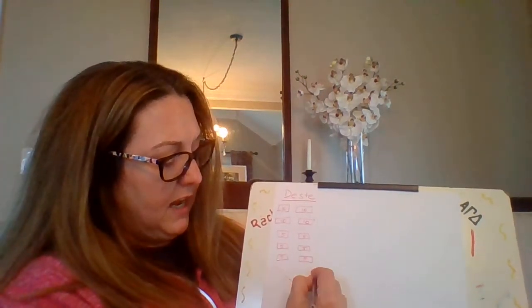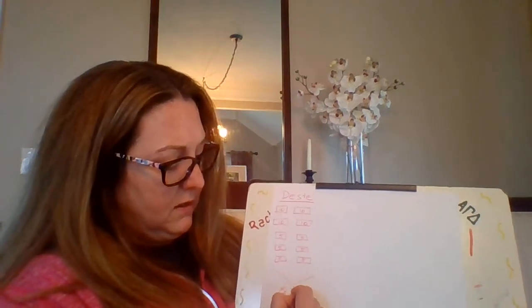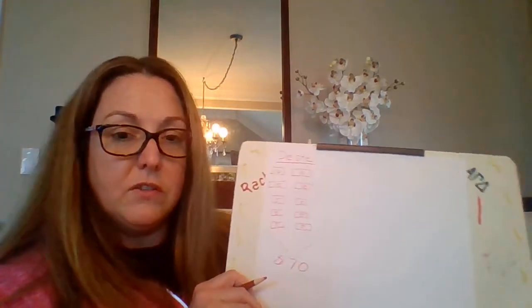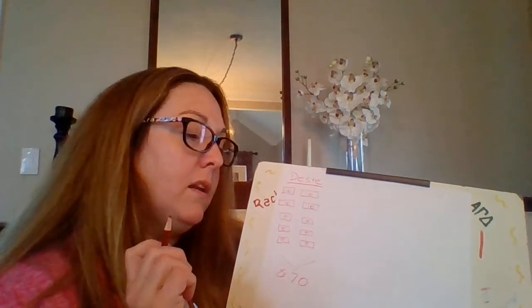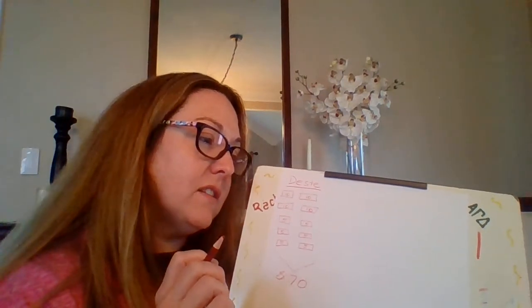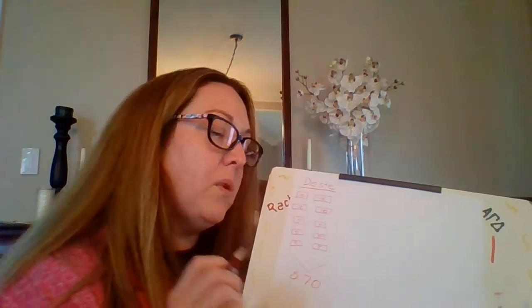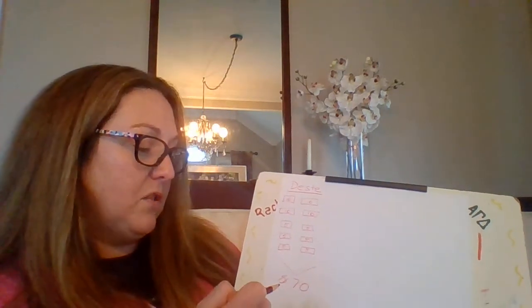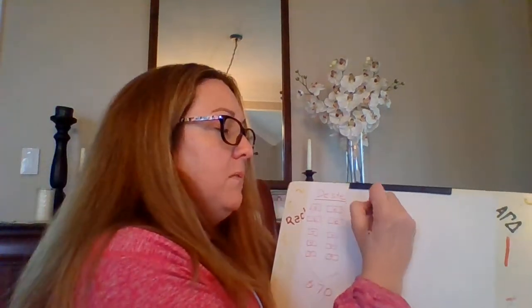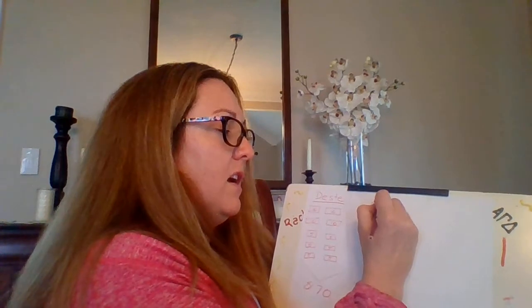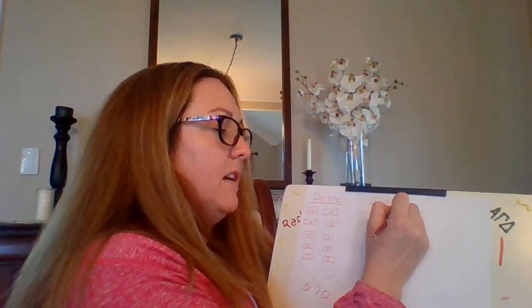So Dusty has $70. Now, Kirsten has $25 less because Dusty has $25 more. So let's write out Kirsten. Kirsten.